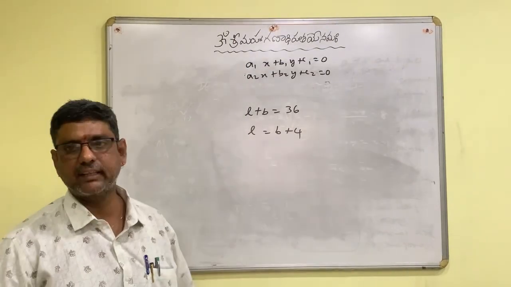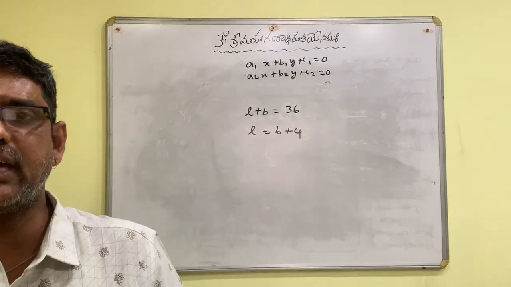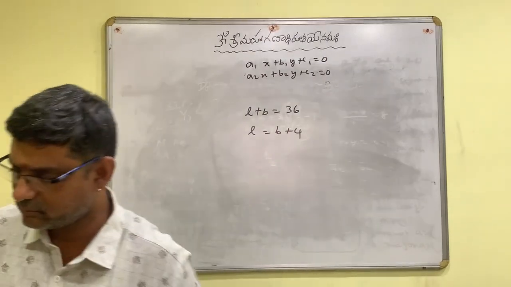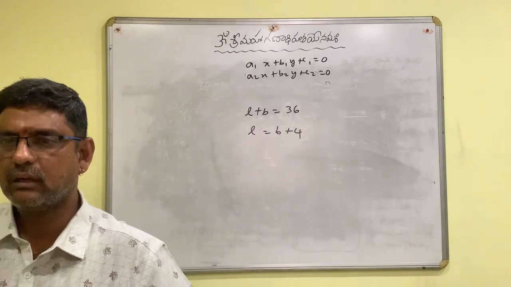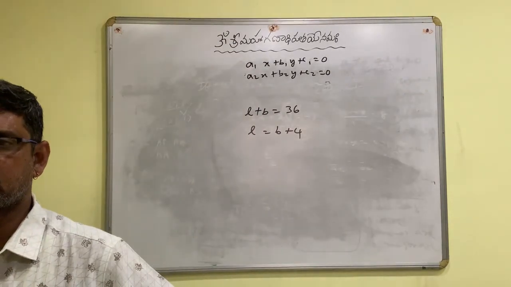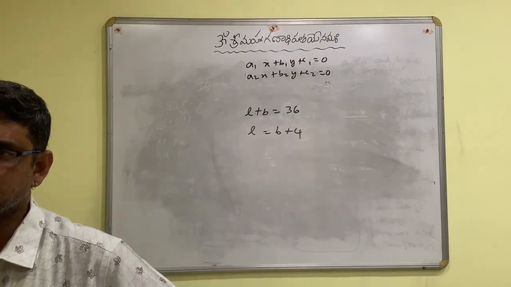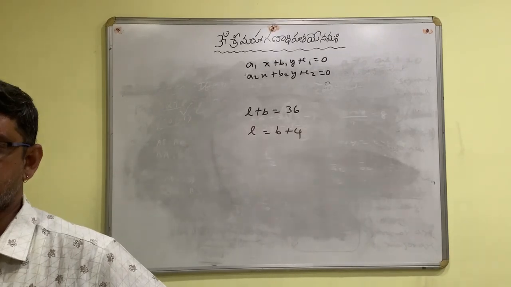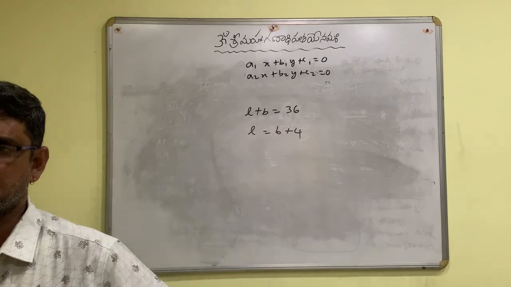These two equations, are they consistent? If they are consistent, what is A1 by A2, B1 by B2, and C1 by C2? You tell me what is A1 by A2. I am not asking what is L, what is B. Are they consistent?